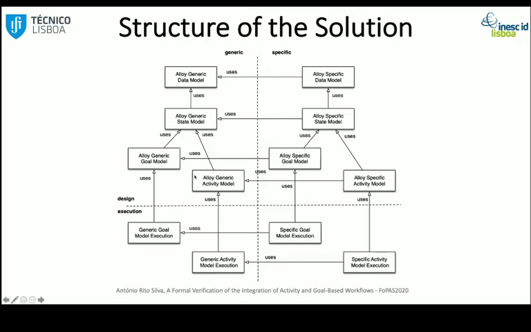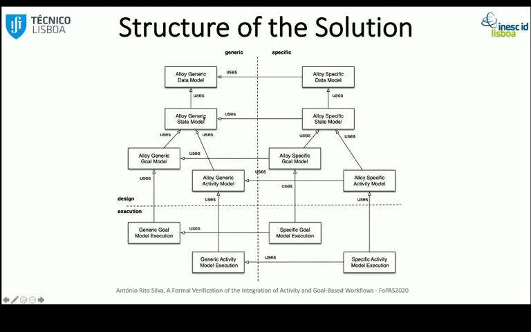On the left side we have the generic part, so you have an Alloy generic data model, and then you have the Alloy specific data model. Here we define predicates and signatures that are common to all the models, and ones for the specific area. I'm going to show some examples, for instance for the doctor appointment case.